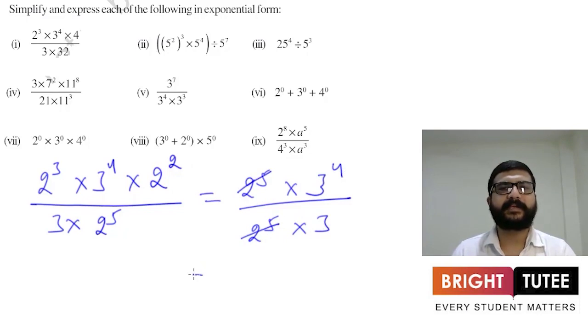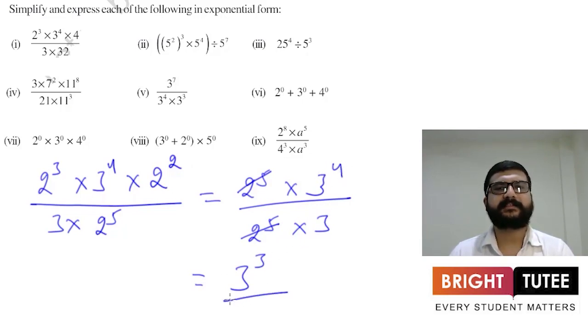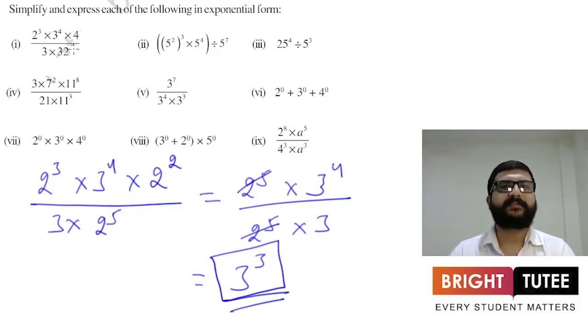This will be 3 to the power 4 minus 1, and that is 3. Here what we are doing, we are dividing two powers with same base. So exponents will be subtracted, that is 4 minus 1, and that gives us 3. So this is 3 to the power 3. This is the simplified form of the first expression.